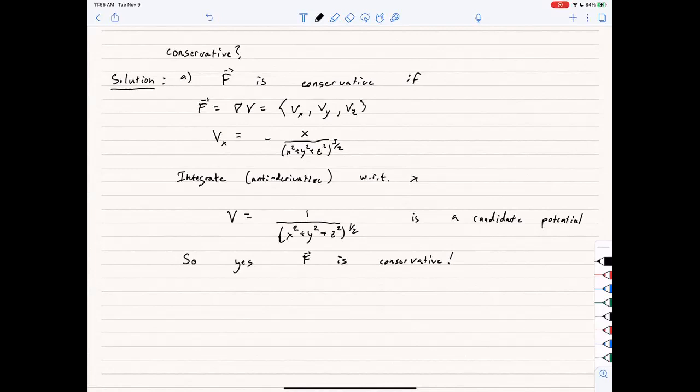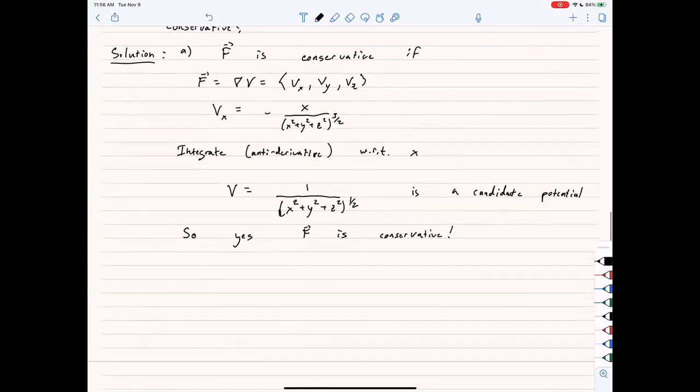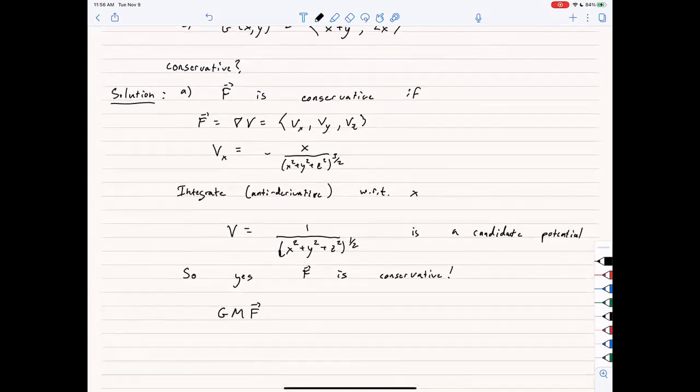Newton liked it. Gravity, very good. Yeah, the gravitational vector field. This describes, if you have a single point mass, the force field for gravity. And this is the potential, the gravitational potential.